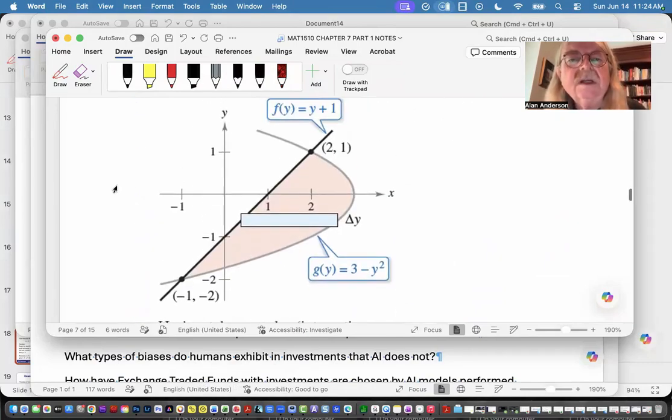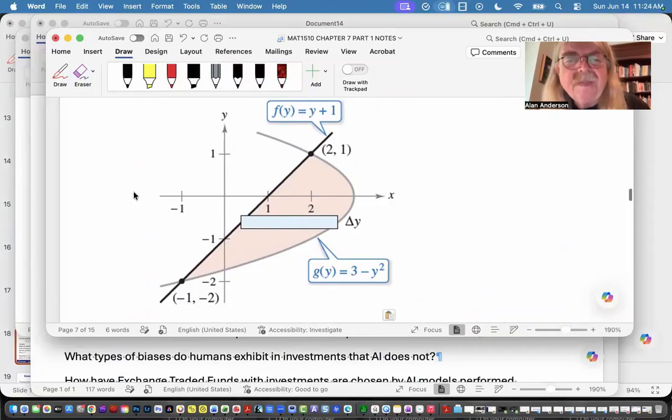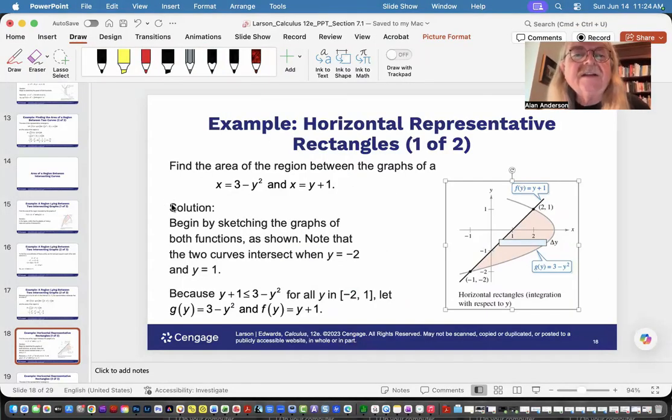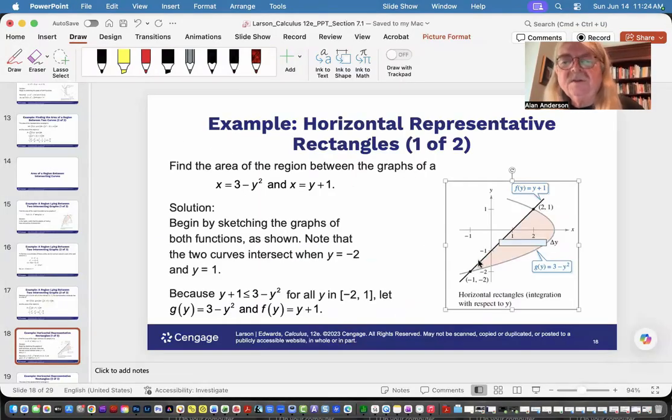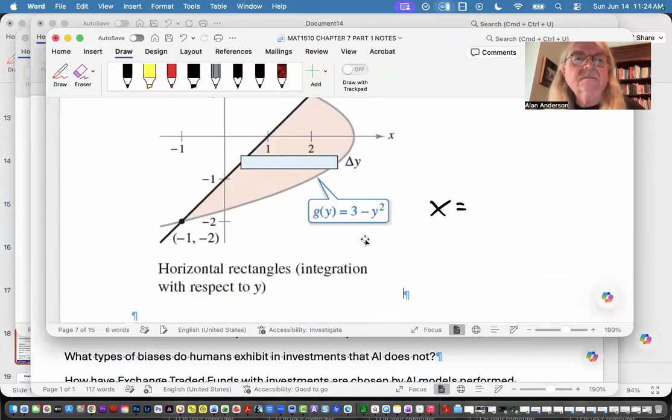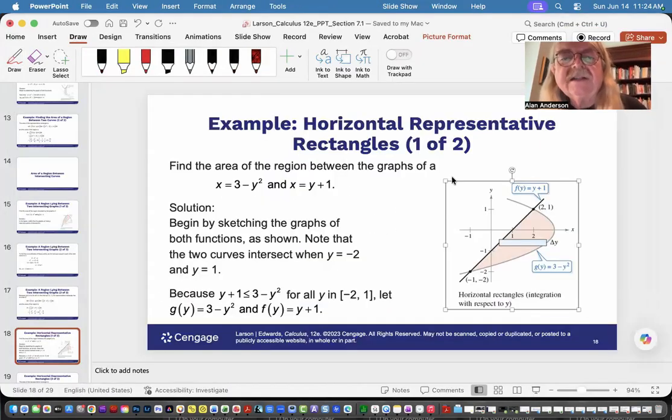All right, so now the functions they gave us are actually x equals 3 minus y squared. That would be this one down here. And then they also gave us x equals y plus 1.